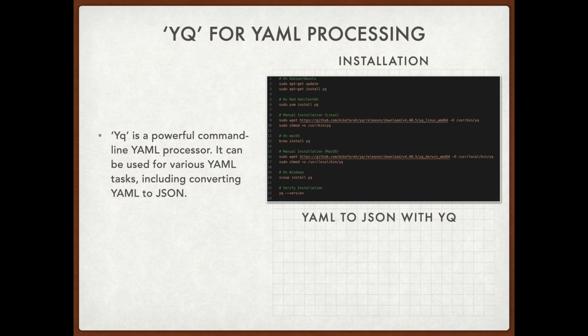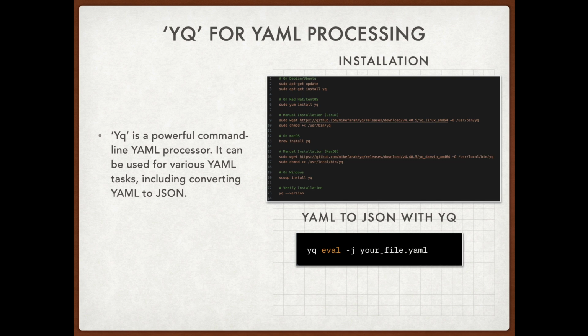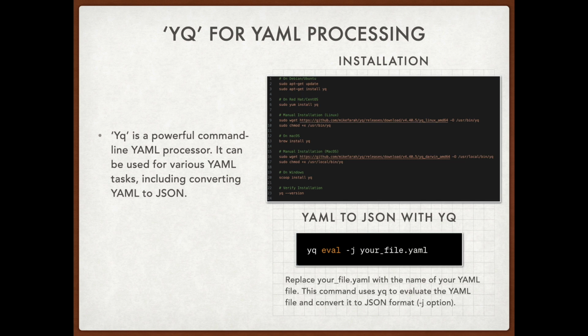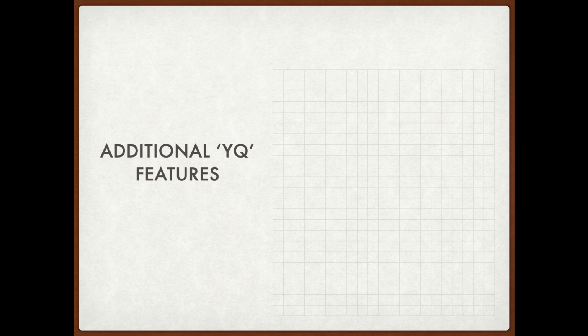Command for YAML to JSON with YQ. In this command replace your_file.yaml with the name of your YAML file. This command uses YQ to evaluate the YAML file and convert it to JSON format, using the -j option. Additional YQ features.